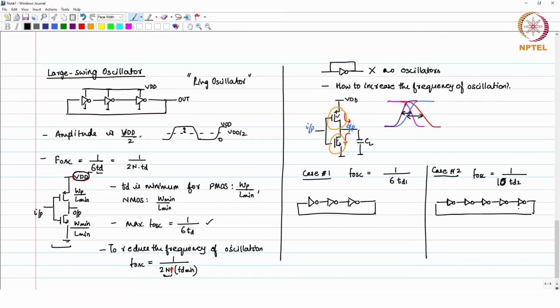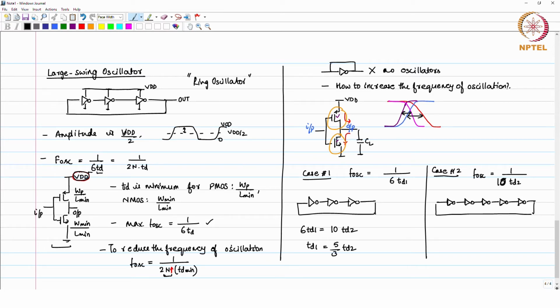As we see, if the frequency of oscillation is same, then 6 TD1 is equal to 10 TD2, where you can say TD1 is 5 by 3 TD2.